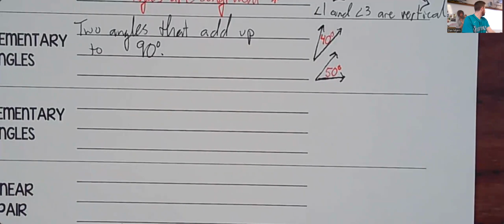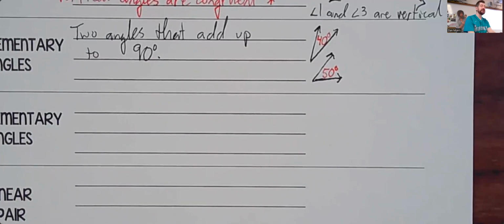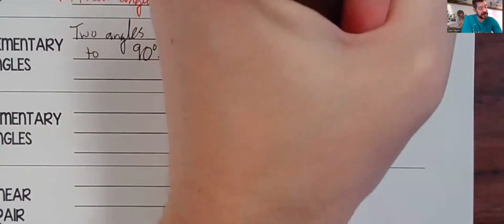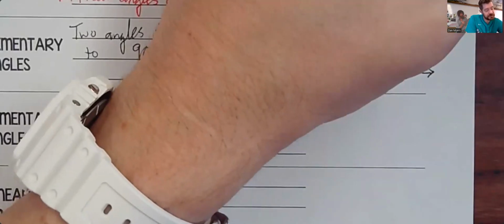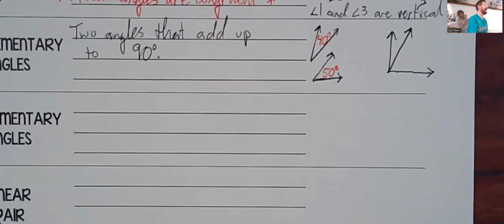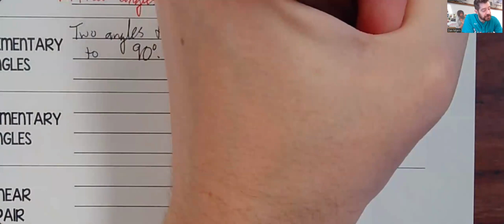Now, if the angles happen to be adjacent, it's usually easier to see that they are actually complementary. So the other way that this happens is sometimes you'll have a diagram like this. And sometimes you won't have any numbers at all to work with, but you will have this symbol right here.